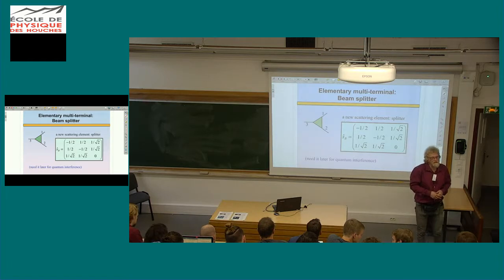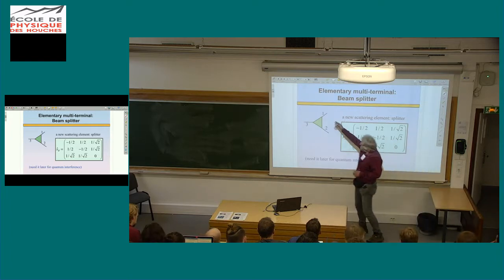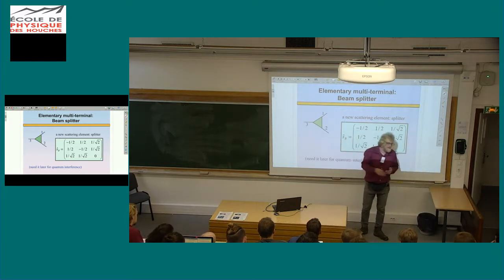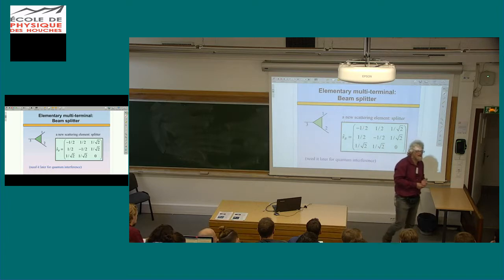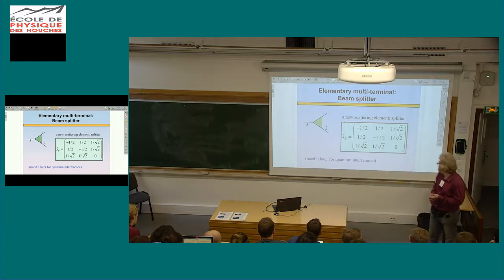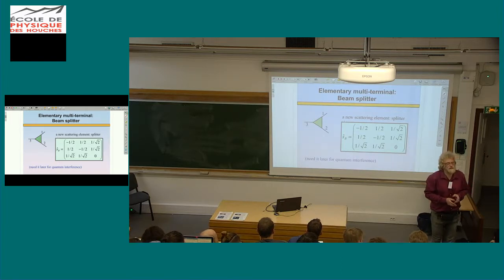Okay. If you try to send the waves into these terminals, we have different probabilities. One can compute these probabilities. What's the reflection probability if you come in channel 1?